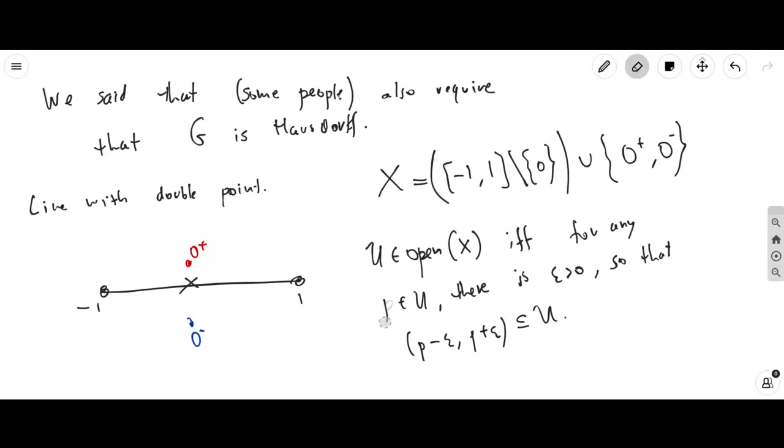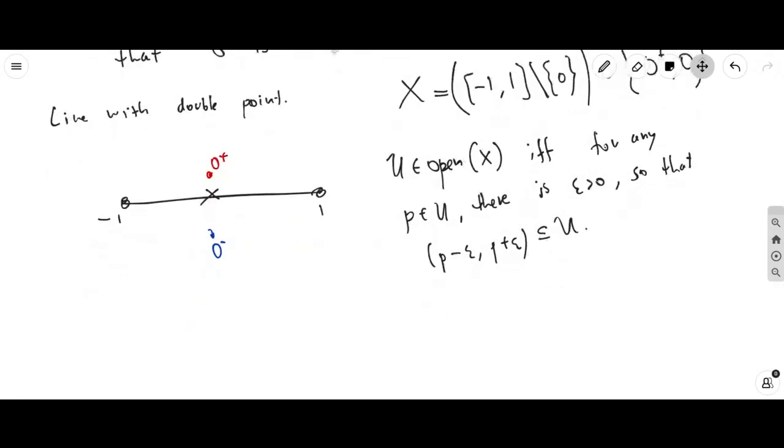And here it is understood that if the point that we pick is this double 0, then P minus epsilon and P plus epsilon will then play the role of 0. So you're just having two different symbols, but algebraically, it behaves like a regular 0. So if you have, let's say, 0 minus epsilon, that's just minus epsilon. So that's the way you topologize this thing. So you have a set, and you have a topology, so you have a topological space. And now this is a graph, okay?